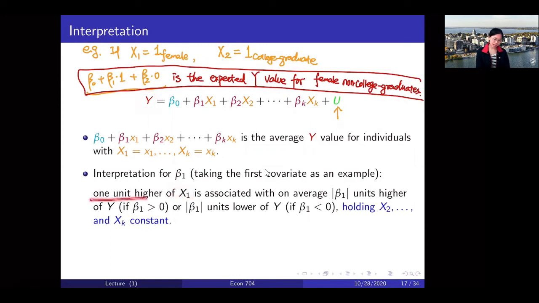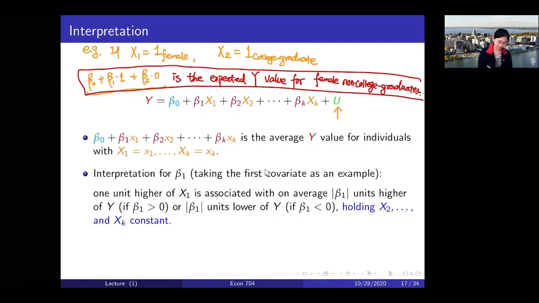So 1 unit higher of x1 is associated with, on average, beta 1 units higher of y if beta 1 is positive, or minus beta 1 units lower of y if beta 1 is negative, holding x2 to xk constant. Holding the other covariates constant.